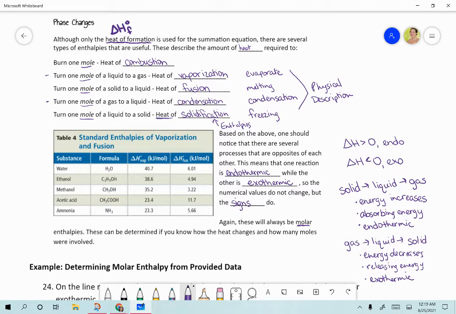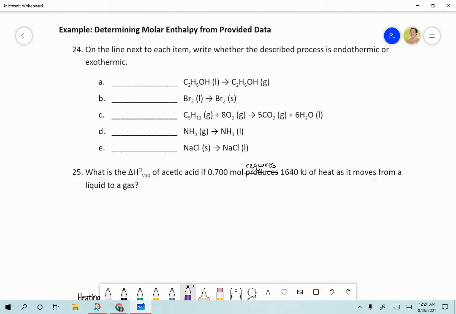The trick to figure out if it's a molar enthalpy is if you look at a table, it has moles in it. I am going to give you a table and you can look up the molar enthalpy that you need to figure out the enthalpy change, or you can calculate this depending on the information that you're given.